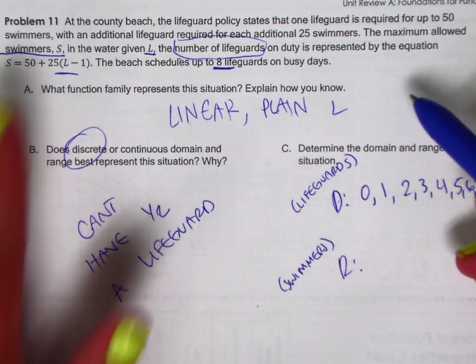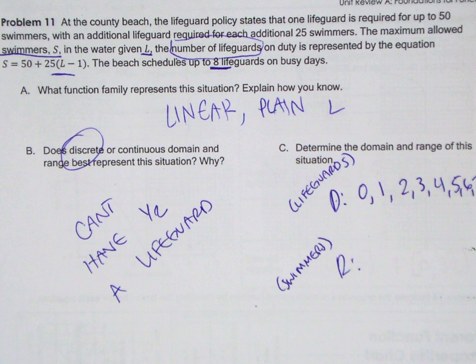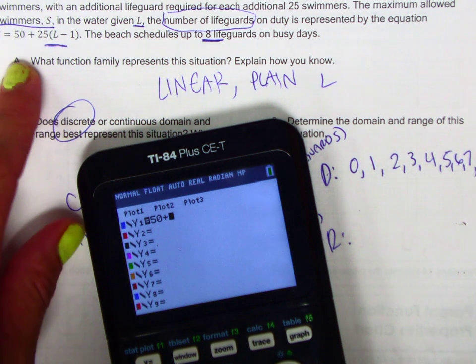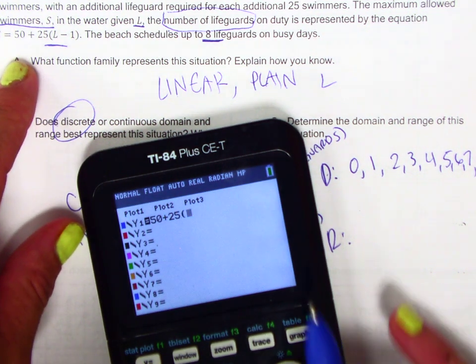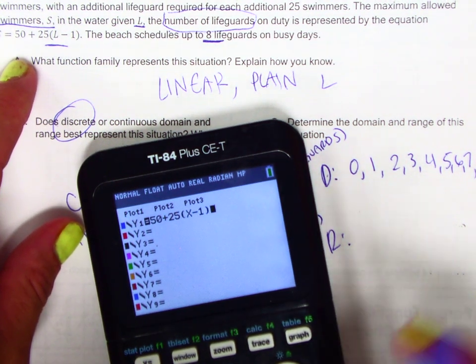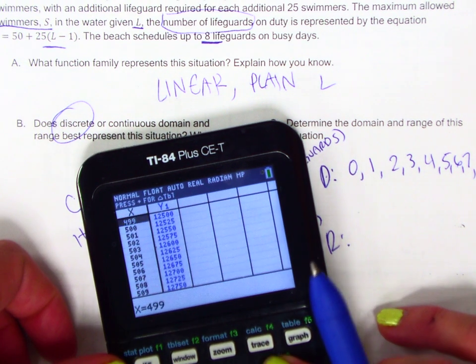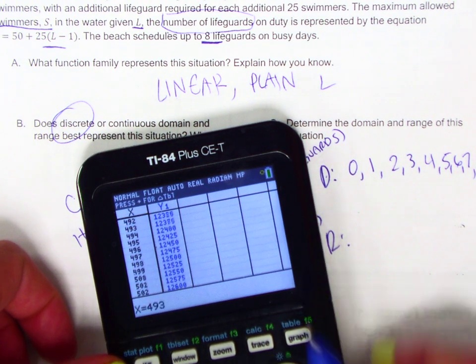So you can use your calculator to plug in this function, 50 plus 25 times x minus 1, and then go to the table.